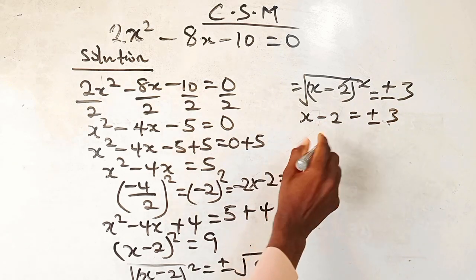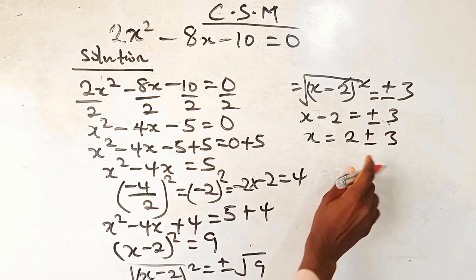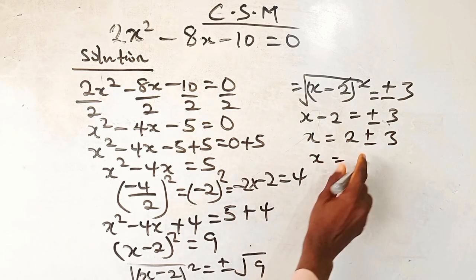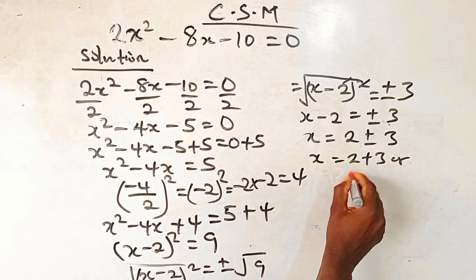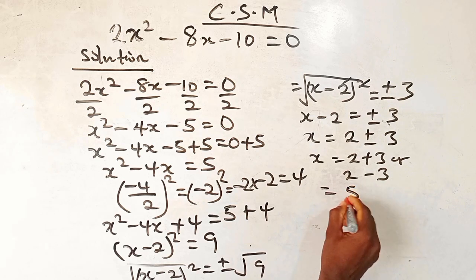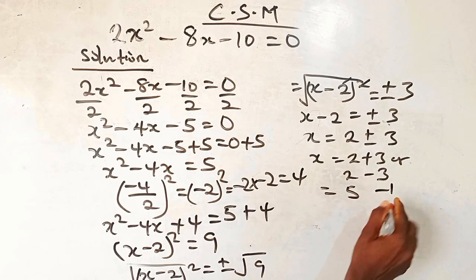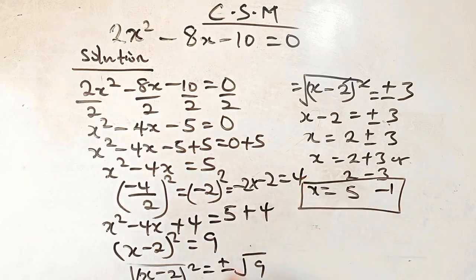So x − 2 = ±3. Collecting like terms, x = 2 ± 3. So x = 2 + 3 or x = 2 − 3. 2 + 3 is 5, and 2 − 3 is −1. So these are the two values of x.